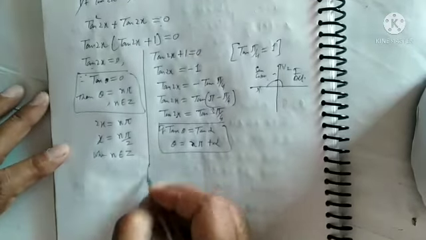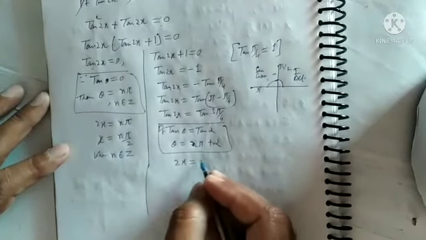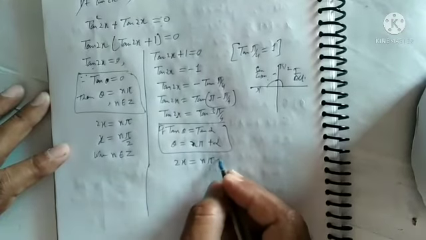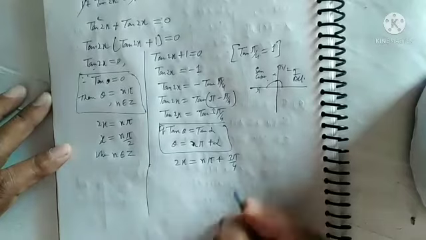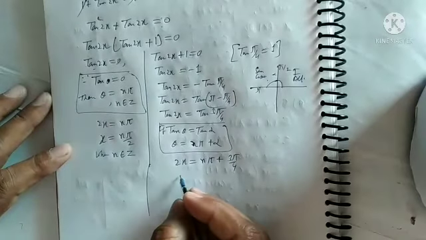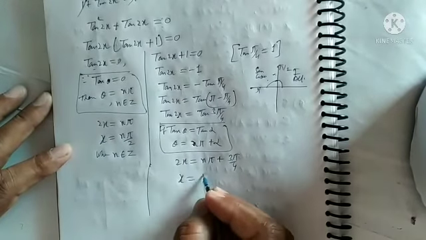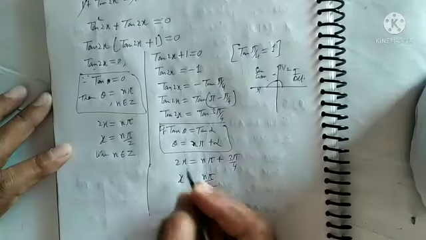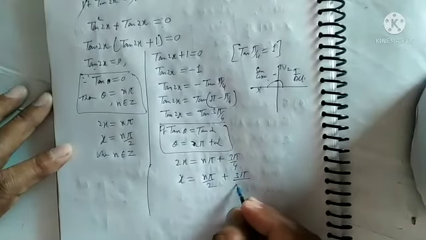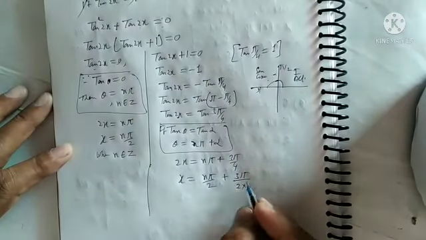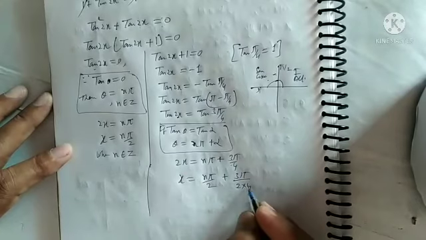So write down here 2x is equal to n pi plus the alpha value, meaning 3 pi upon 4. Now this 2 will go down and divide, so x is equal to n pi upon 2 here, and plus 3 pi upon 4, 2 will go down here, so 2 times 4 is 8.